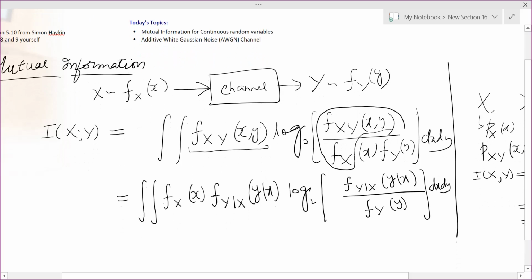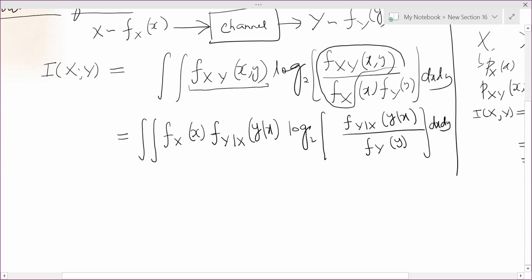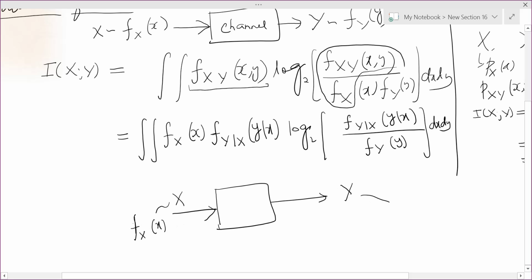See why I'm writing this. If you recall, I introduced you to the notion of channel in some of my previous lectures. I told you that if x is the input to the channel and y is the output of the channel, x is characterized by some probability distribution. Suppose in this case it is continuous, so fx of x. Y is characterized by its probability distribution fy of y, although it will be unknown.